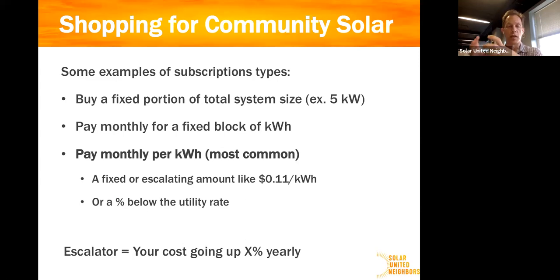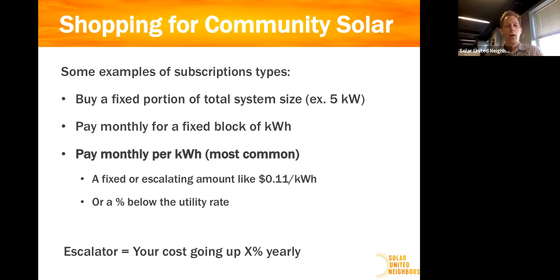That might translate into a certain number of panels, but the kilowatt size subscription is going to be matched to how much energy you use to try to offset some or all of that. And that's the way that it might be marketed to you. Second is paying for a fixed block of kilowatt hours. This is less common from what we've seen, but could be the same number of kilowatt hours every month that you're buying from the provider.